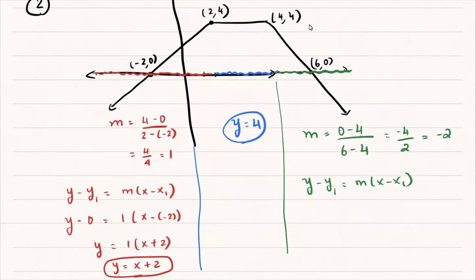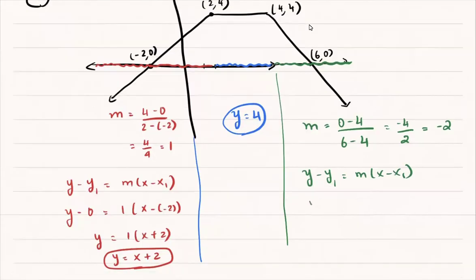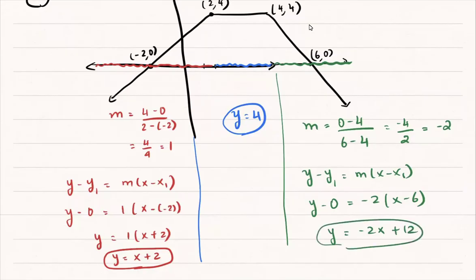The point I'm going to use is (6, 0). So I have y minus 0 is -2 times (x minus 6). So y equals -2x plus 12 is the equation of the third line.